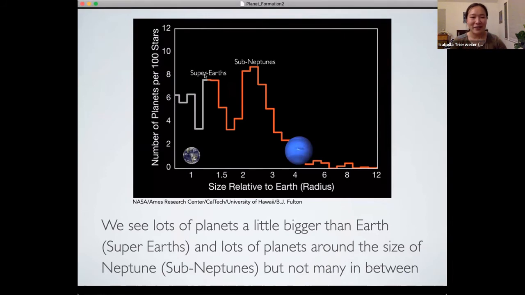So the first peak was just a little bit bigger than Earth, so we named it super Earths. The second peak was a little bit smaller than Neptune, so we named them sub-Neptunes. It's not terribly creative, but it helps us keep track of these planets. So in our planet formation process, we need to figure out how do we make super Earths and sub-Neptunes and not really anything in between.